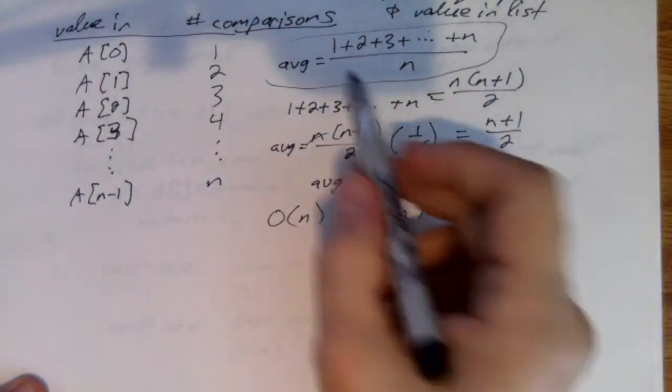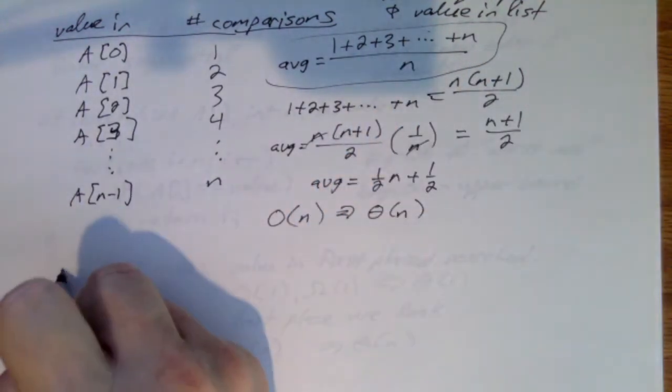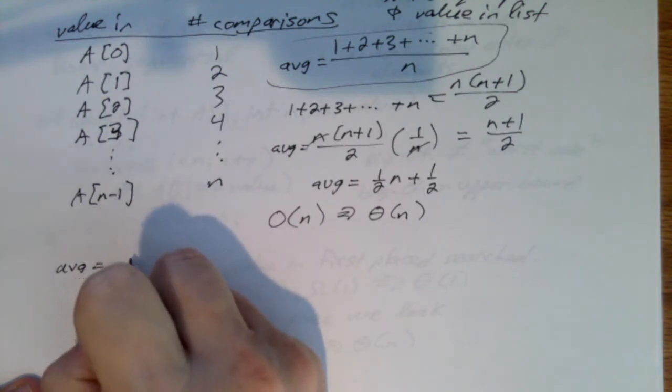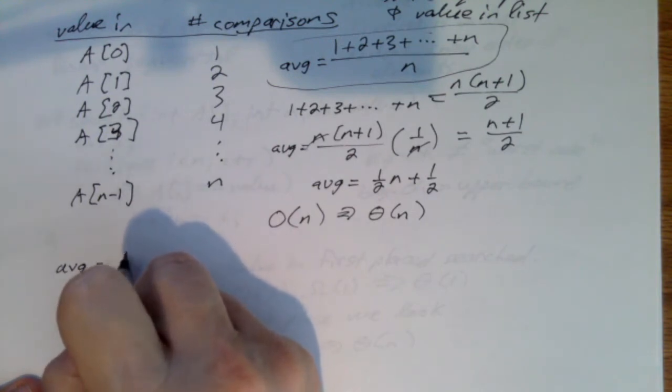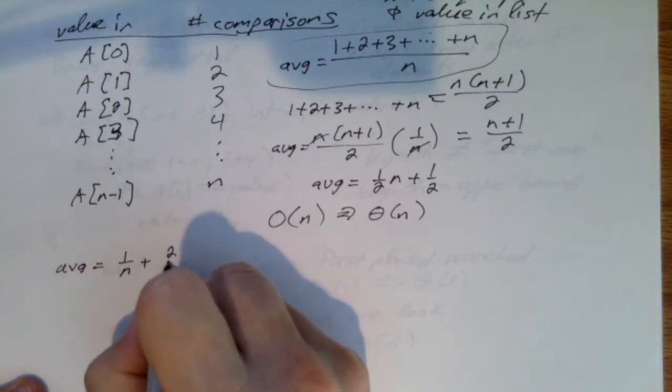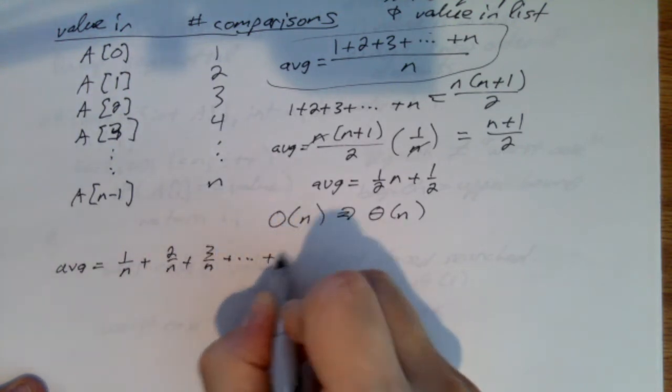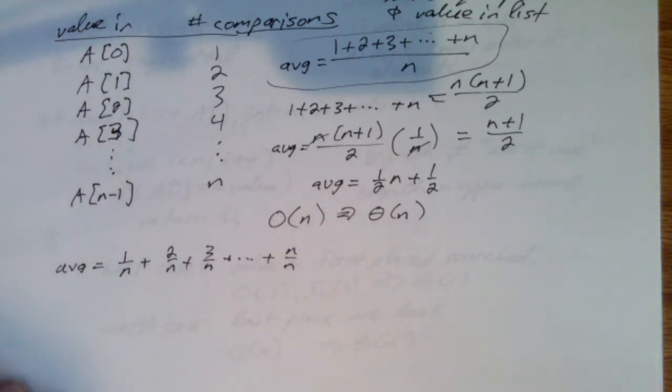What if we take this right here, then we have our average is equal to 1 over n plus 2 over n plus 3 over n plus dot dot dot plus n over n, right?